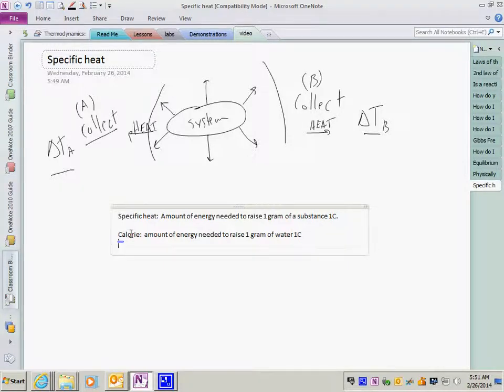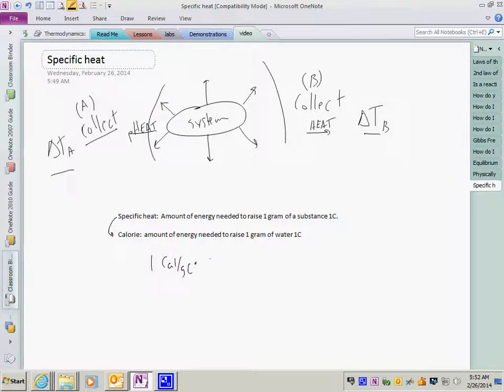So technically, if we're dealing with things in terms of calories, the specific heat of water would be 1 calorie per gram degree Celsius. That is the specific heat of water.